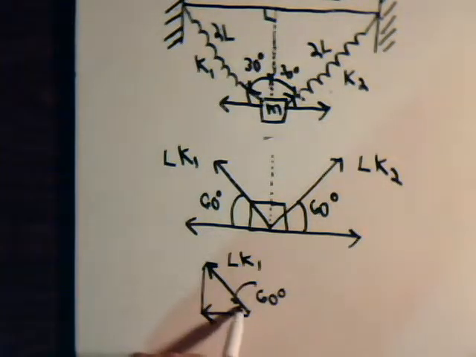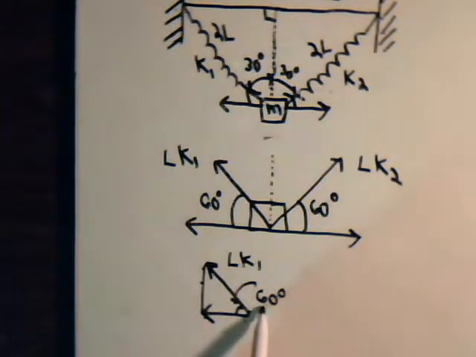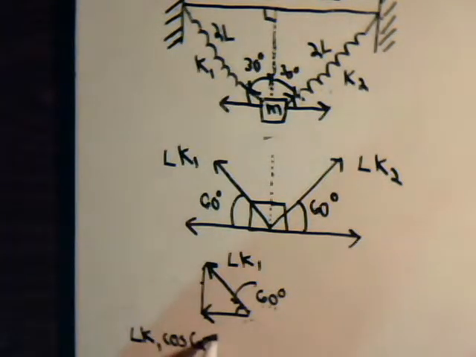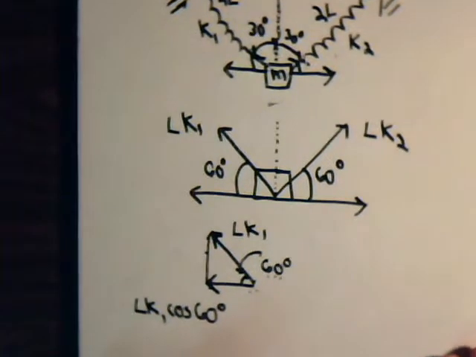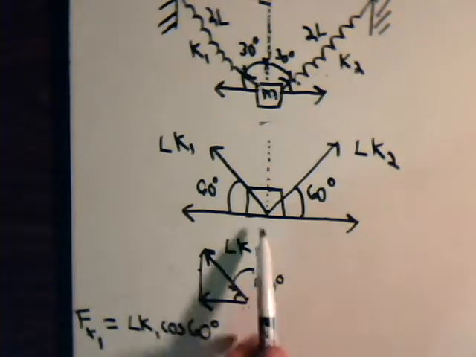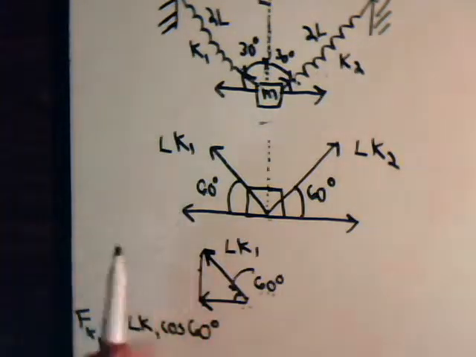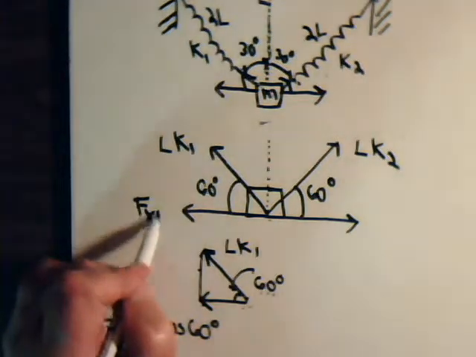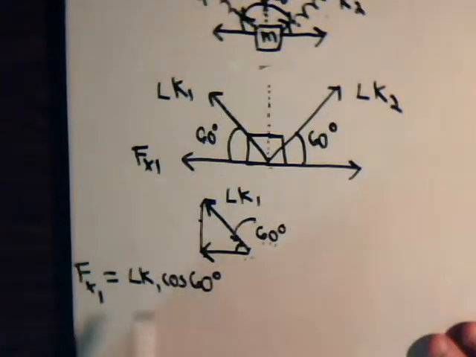Here's the angle. Now this side is opposite of it. This side that we're interested in is adjacent to it. So this is going to be equal to L k1 times the cosine of 60 degrees. And we can call this Fx1. That's the horizontal force in this direction, Fx1, and that's the magnitude of it.